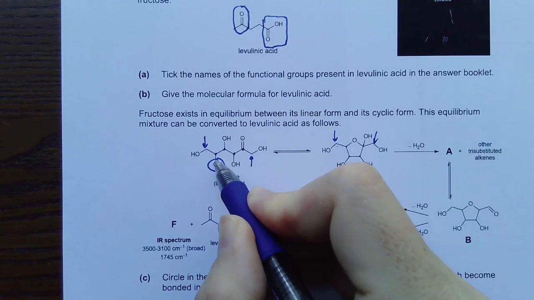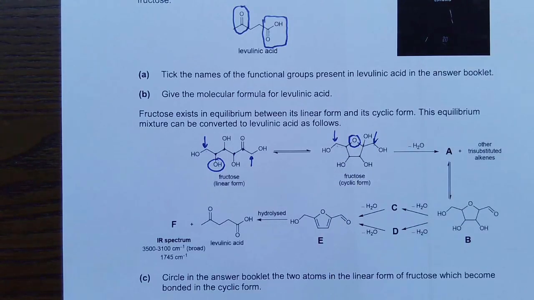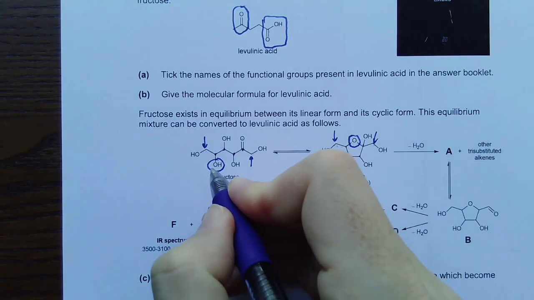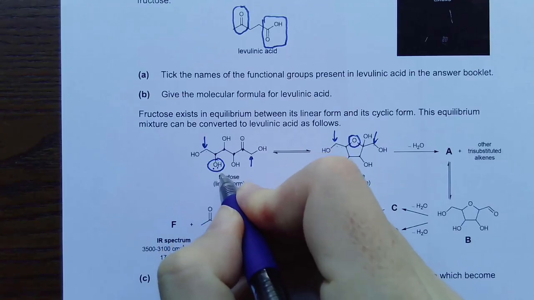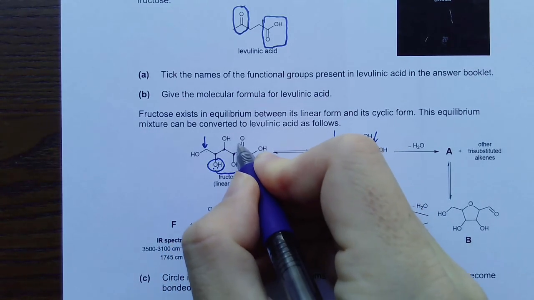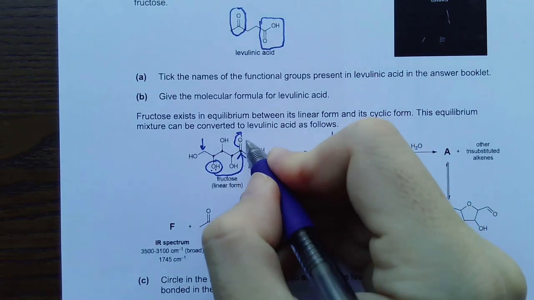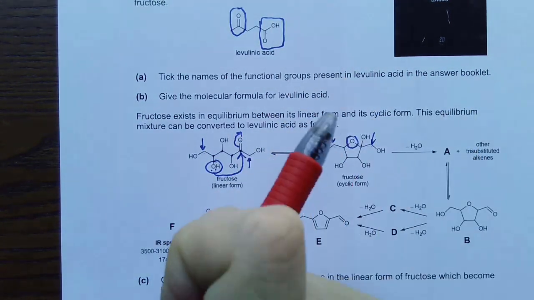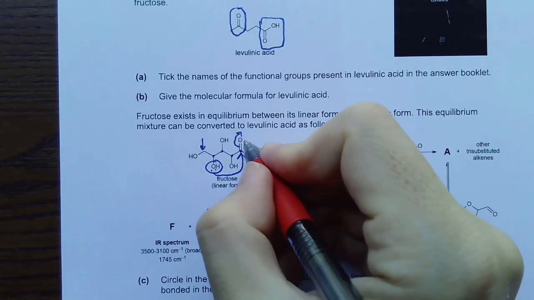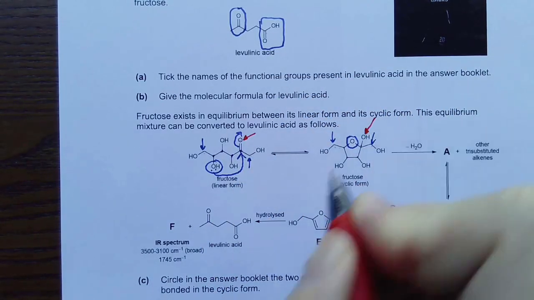So that oxygen is going to be that oxygen. And what happens is this oxygen here comes round and attacks there to form the ring, which means that this oxygen here is this one here.